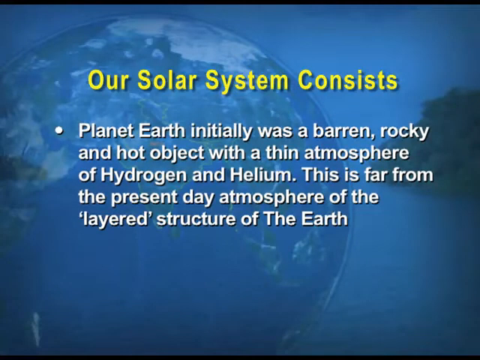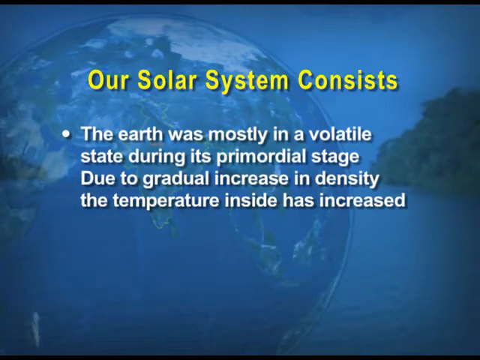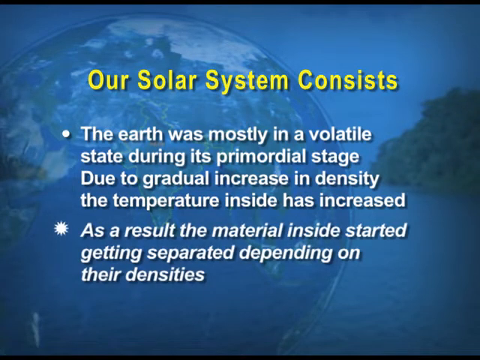When we talk about the evolution of the lithosphere, the Earth was mostly in a volatile stage during its primordial stage, and due to gradual increase in density, the temperature inside has decreased. As a result, the material inside started getting separated depending on their densities.